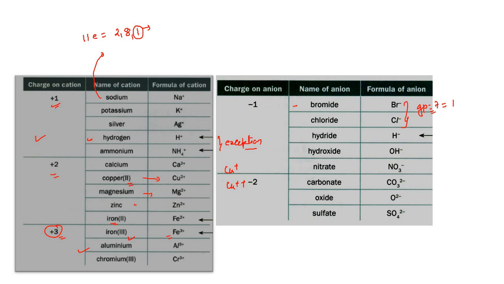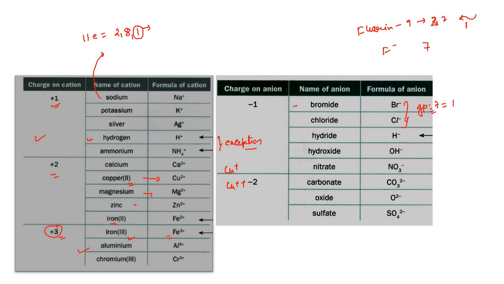Because all group 7 elements have 7 electrons in the last shell. Let's take the example of fluorine. It has atomic number 9, which means 2 and 7. So to become stable it will always take 1 electron, so it will always form minus 1. Fluorine, chlorine, bromine, and so on and so forth.